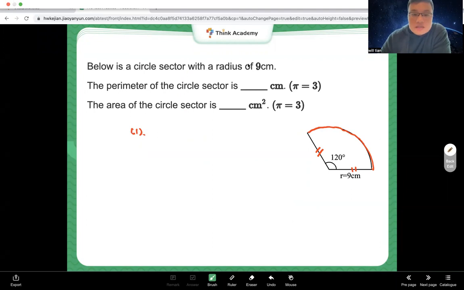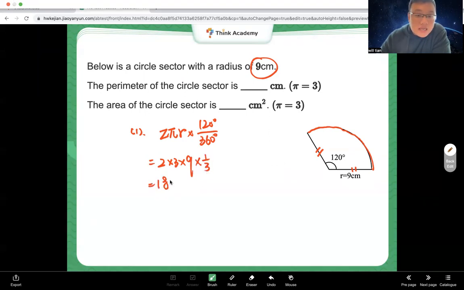We know the radius, so to get the circumference of the whole circle, that'll be 2 pi times by radius. But this one is a sector, not the whole circle. So you do 120 divided by 360. That equals 2 times by 3 times by 9 times by a third, which is 18, right?